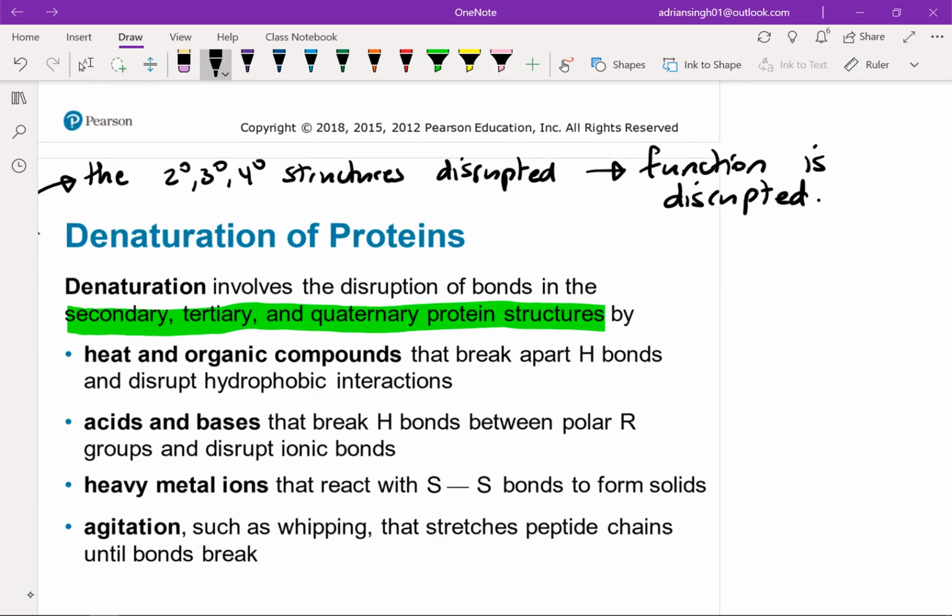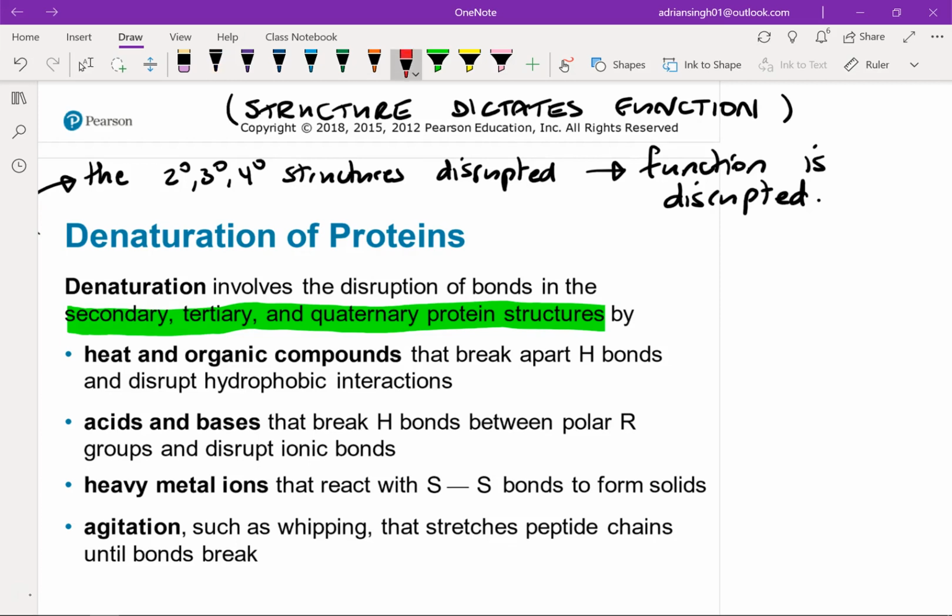And that's extremely important because proteins have to have the correct structure in order for them to carry out their specific function. So structure dictates function, and that's a sort of a staple in biochemistry and biology. So if you mess with the structure, you mess with the function of not just proteins, but other molecules as well.